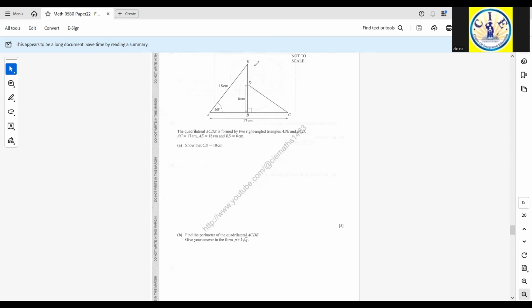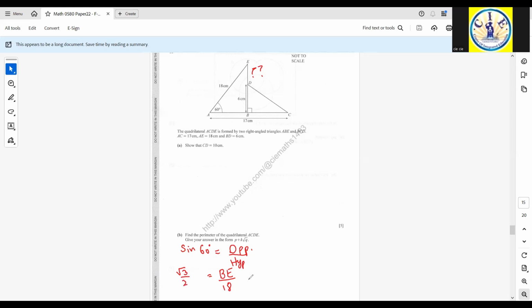So still I do not know this side, the side ED. For that, if I calculate sine of 60, that is going to be the opposite side divided by the hypotenuse, that is the side BE divided by the hypotenuse, that is 18, and sine 60, that is square root of 3 by 2.